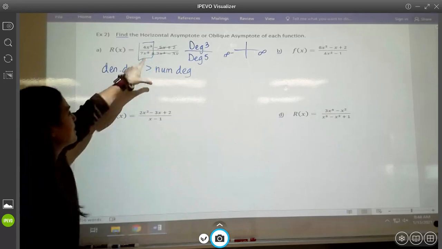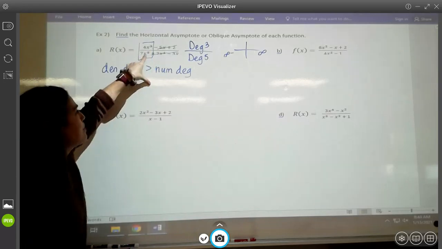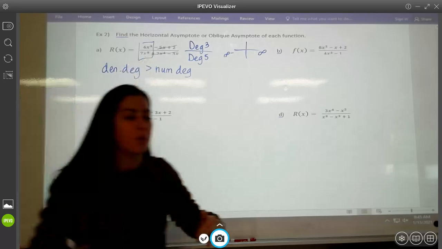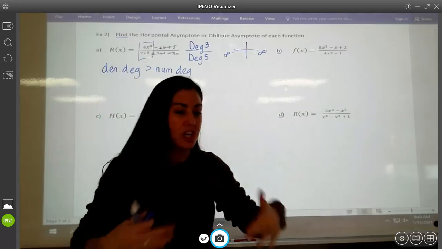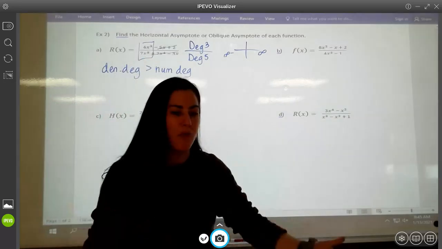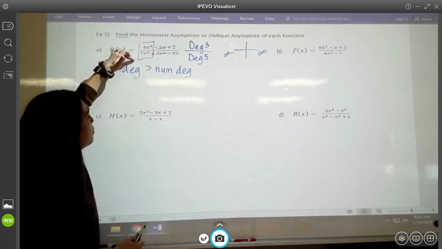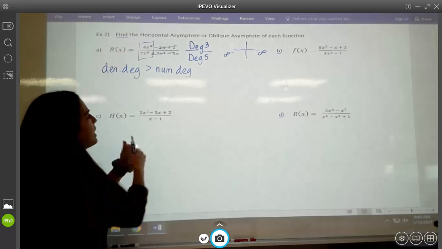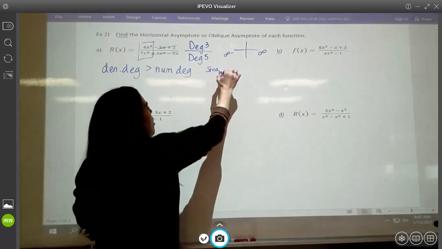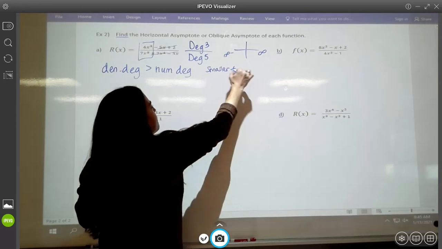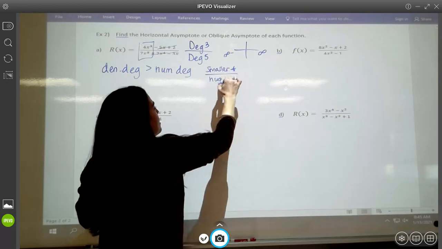But if I plug that same really big number in and put it to the fifth power, holy crap, that bottom number has just become so much bigger than the top number. So when the bottom degree is bigger, it's always going to be a smaller number on top divided by a huge number.